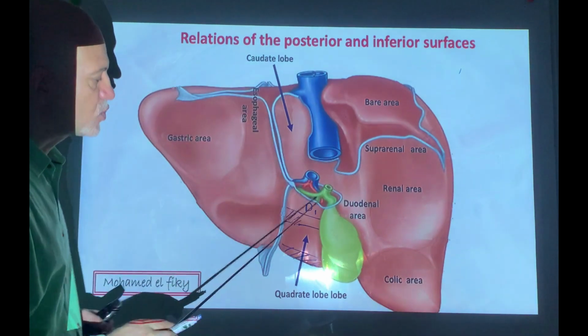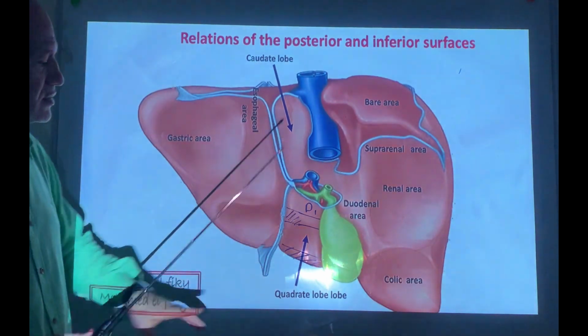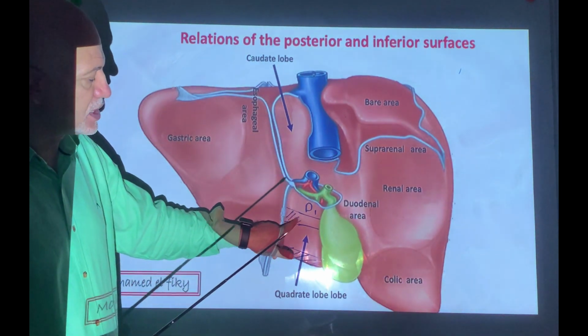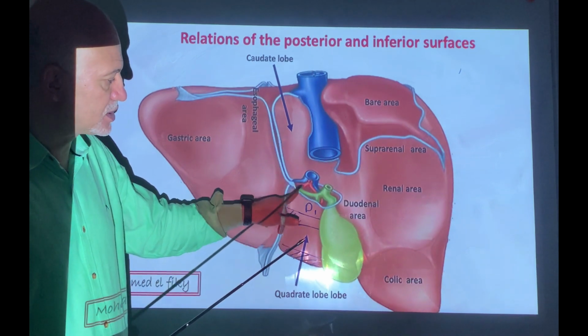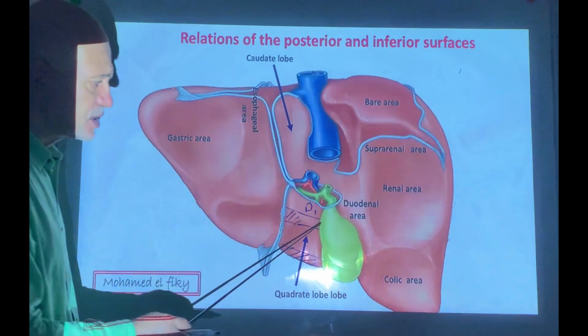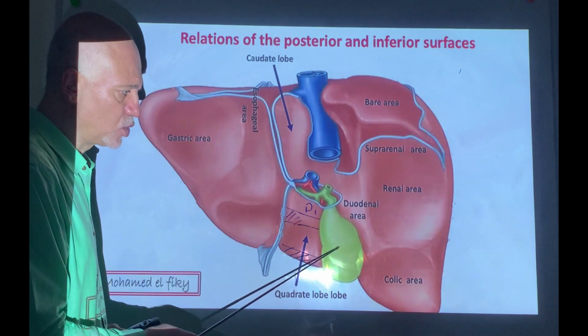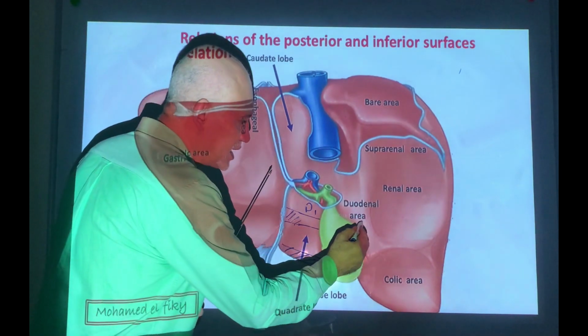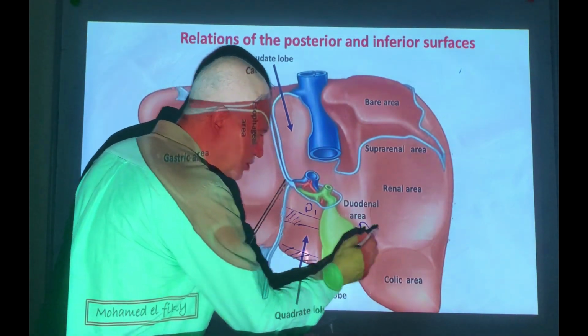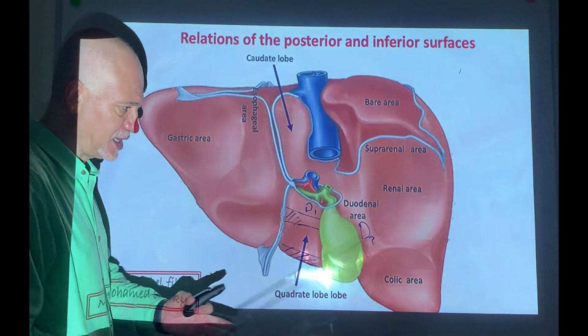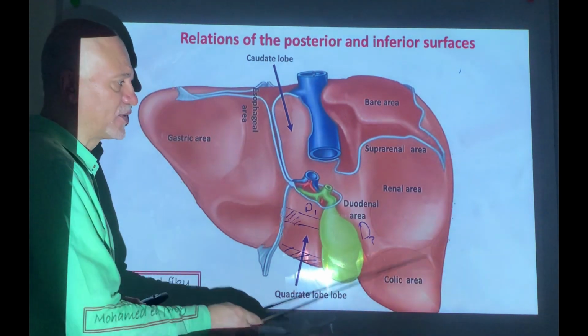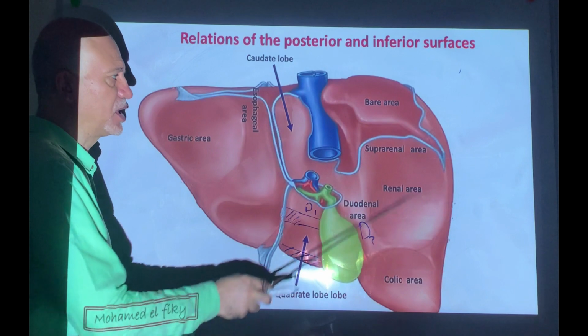So what are the relations of the quadrate lobe again? Transverse colon, pylorus and the first part of the duodenum, and the lesser omentum. This is the gallbladder fossa, and this area is D2, second part of duodenum, and this area is the colic flexure, renal, and suprarenal.